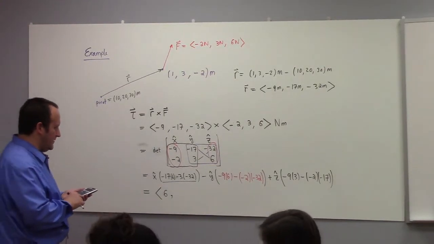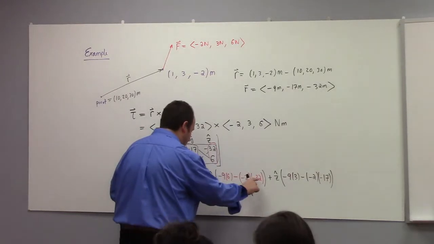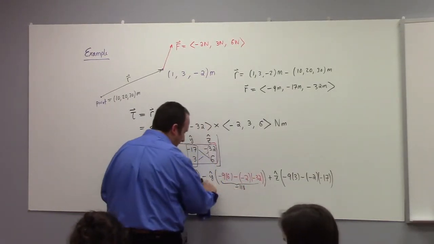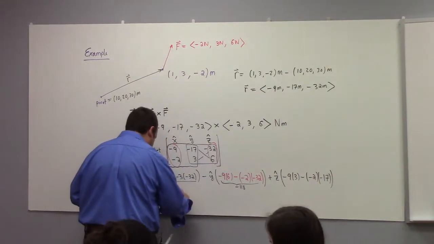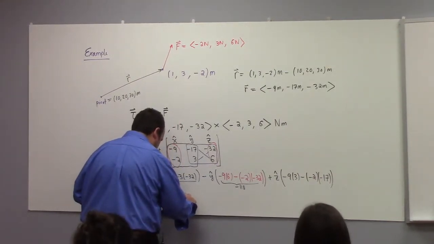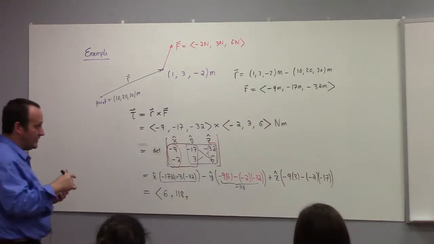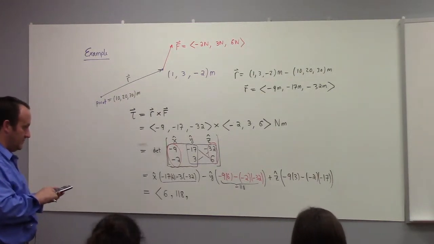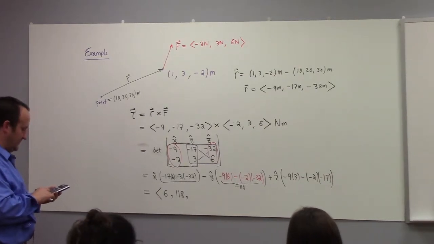I think I get this in red works out to minus 118, right? But then that minus gives me a total of 118 here. And then over there, we've got 27 minus 30, minus 27 plus a minus 34, I think.